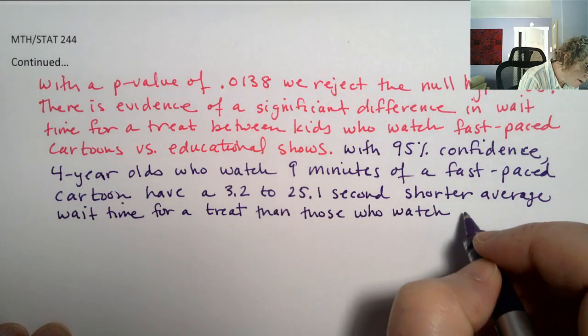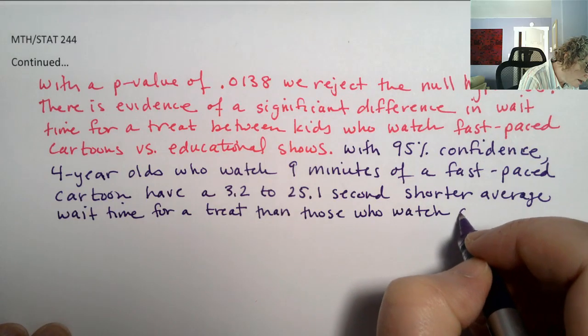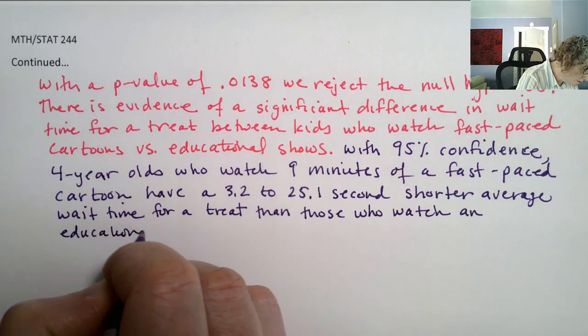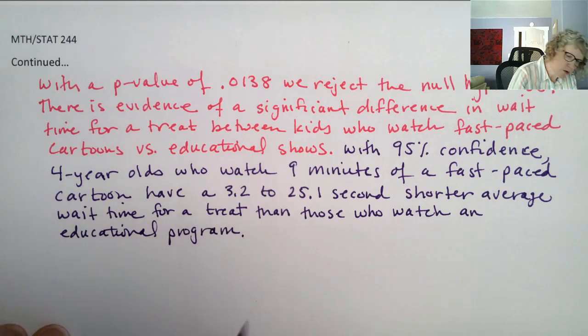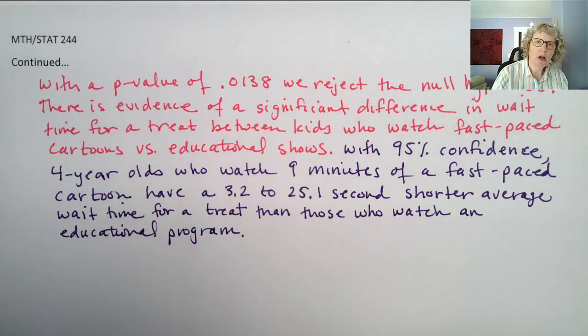I could repeat the 9 minutes if I wanted to, or just those who watch an educational program. Okay, great. So we've interpreted both. Now we want to talk about whether these agree or not, right? So how do we determine that?